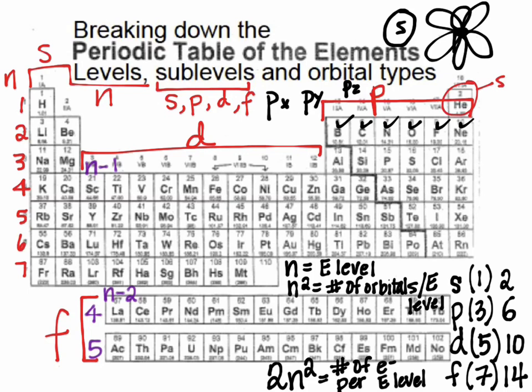So if they were to say you have energy level 27, and what's the maximum number of electrons in that energy level? You'll take 27 squared and then multiply it by 2. Okay. Any questions over that? All right.